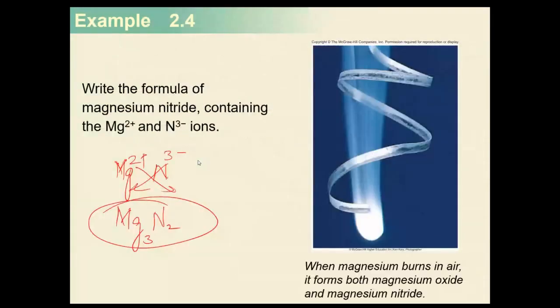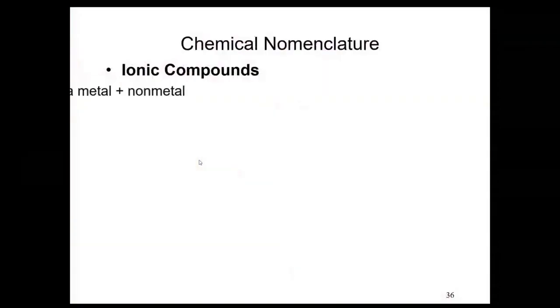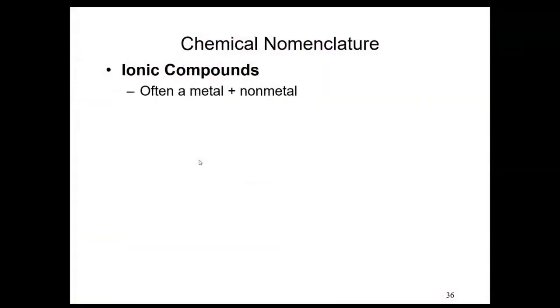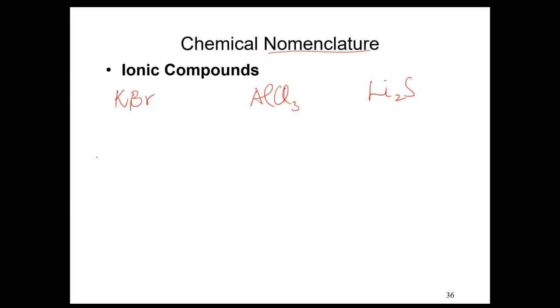We have discussed how to write a formula. If a formula is given, how to write the name of the compound? Yes, chemical nomenclature. If I give you formula, how to write a name? For example, KBr, AlCl3, Li2S.